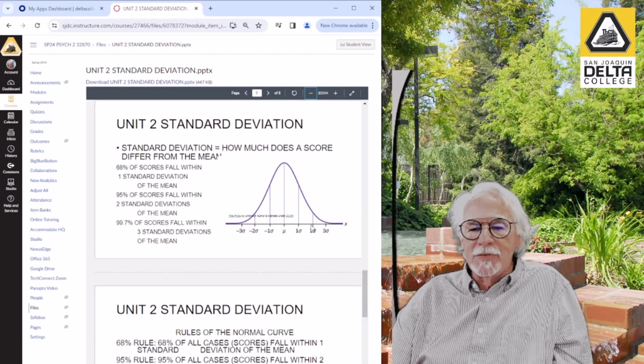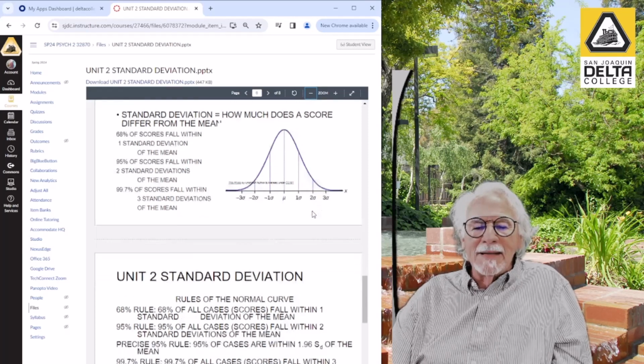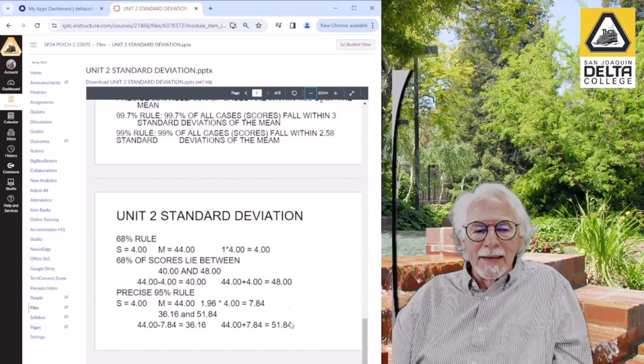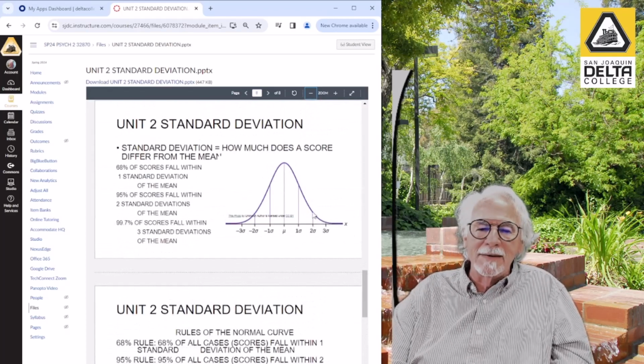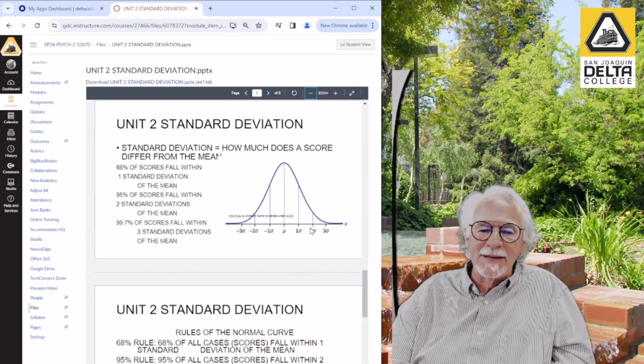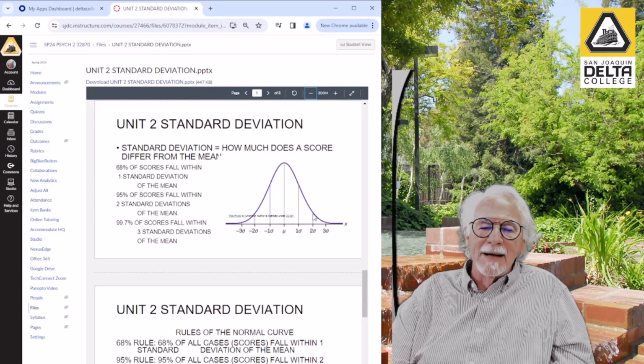So just shy of 2 complete standard deviations, at 1.96 standard deviations from the mean, the score is 51.84.